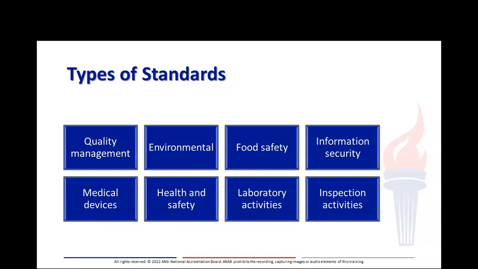These examples are all certification standards. There are many standards on food safety, such as product certification programs accredited to ISO IEC 17065 or food safety management certification to ISO 22000. Medical device standards, such as ISO 13485, and health and safety, such as ISO 18001, are certification standards.